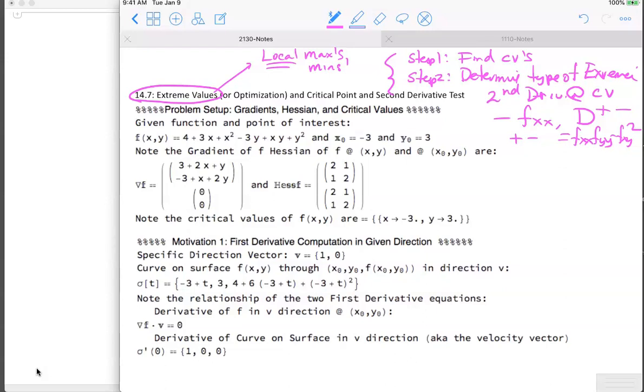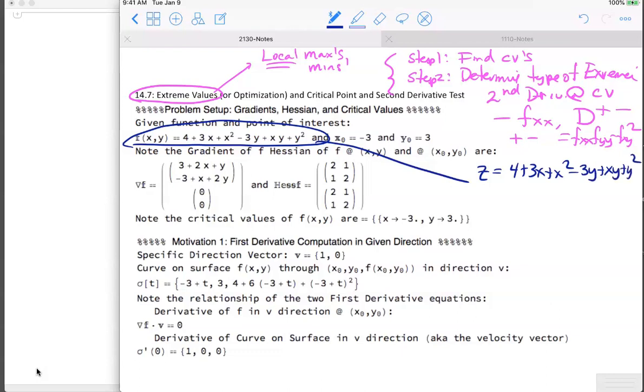Okay, so in this example, we're going to focus on one particular function. That function is z equals 4 plus 3x plus x squared minus 3y plus xy plus y squared. I'm going to leave it up to you to take the gradient and set it equal to 0.